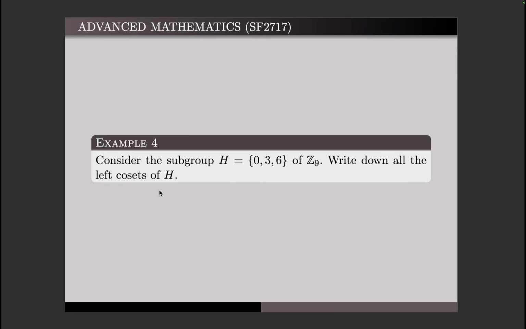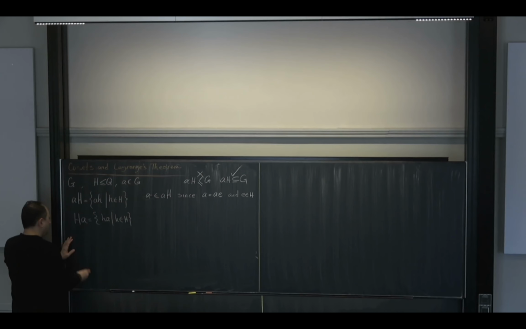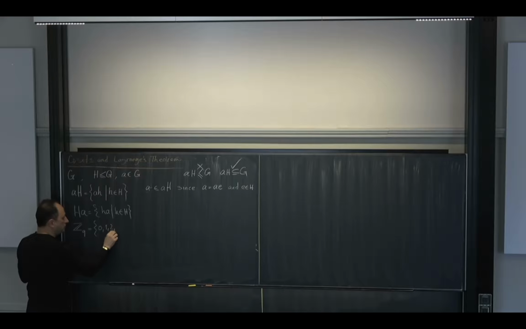So let us go to this example. Consider this subgroup of Z9. Write down all the left cosets of H. Yes? So I have given you Z9. By the way, when I don't give you the operation, it is addition modulo 9. Yes? So this means this is 0, 1, 2, 3, 4.